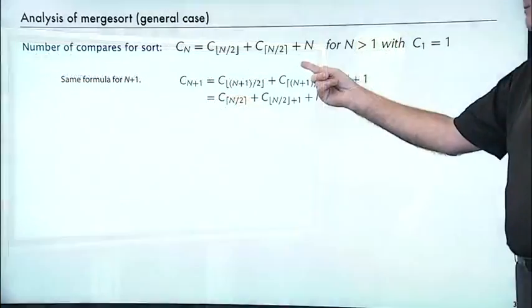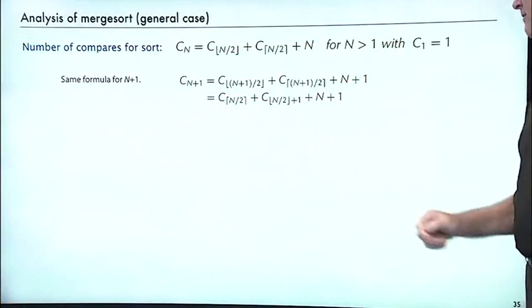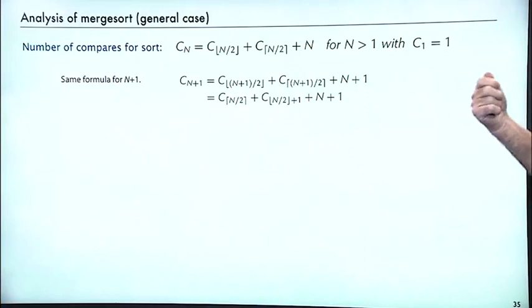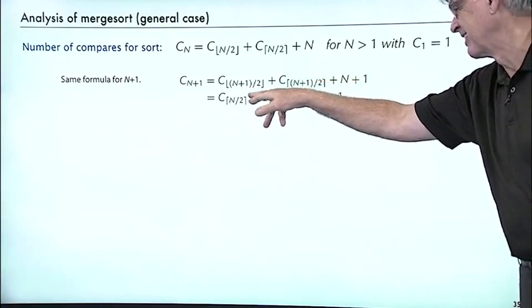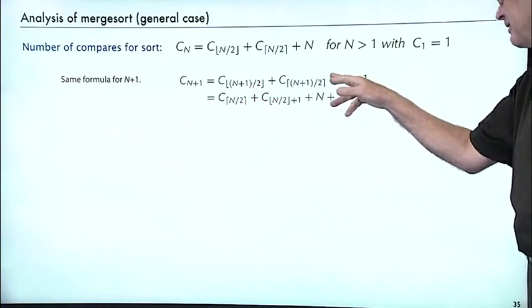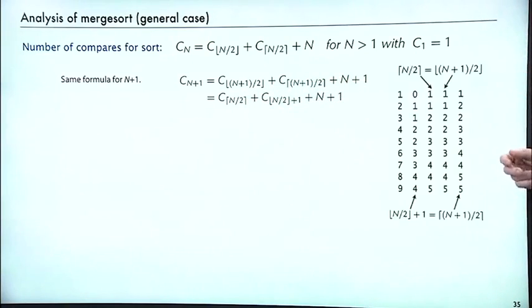So if we write down the same formula for n plus 1, then we're going to have to do some math with floors and ceilings. Floor of (n plus 1) over 2 is the ceiling of n over 2, and ceiling of (n plus 1) over 2 is the floor of n over 2 plus 1. You can do a little math to convince yourself of that.